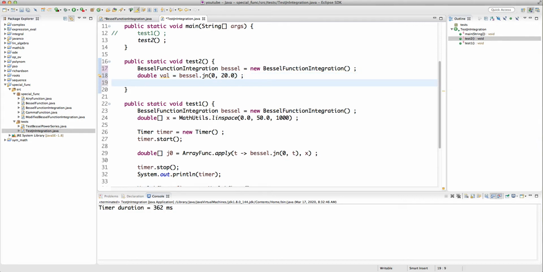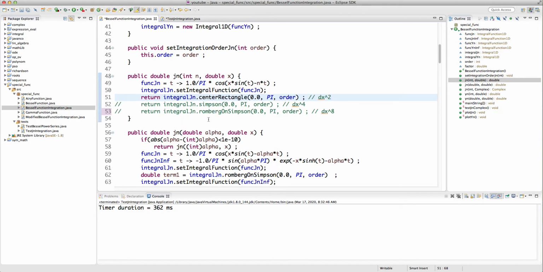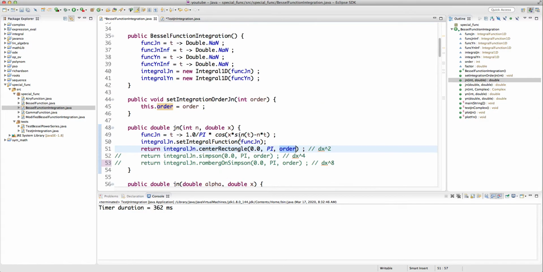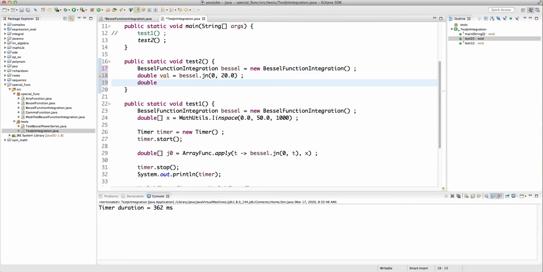So this uses by default order of 300, right? But then we have this method to set the integration order. So double, basically index or order. Or what I'm going to do, actually, it's better to create a sequence.